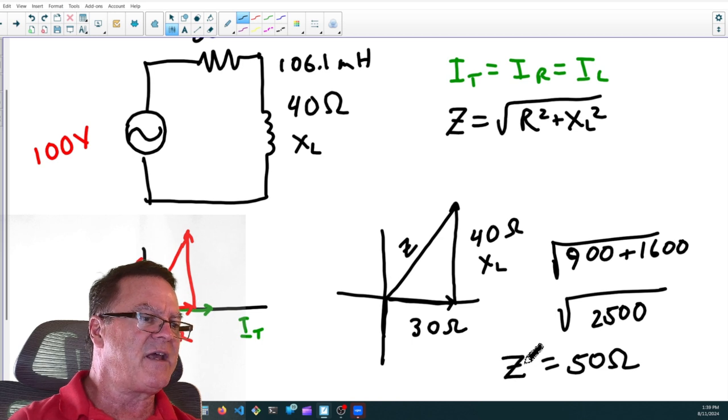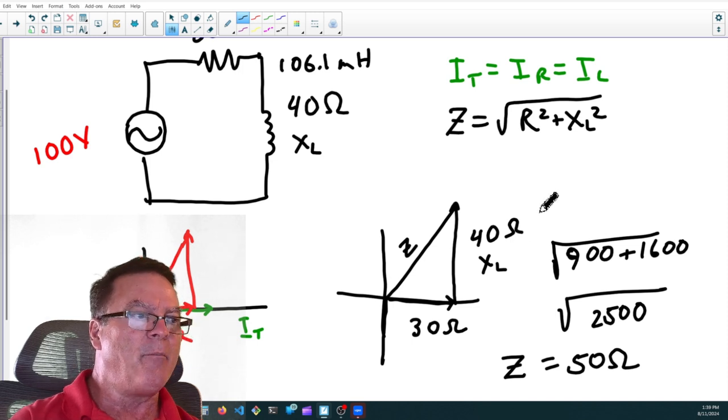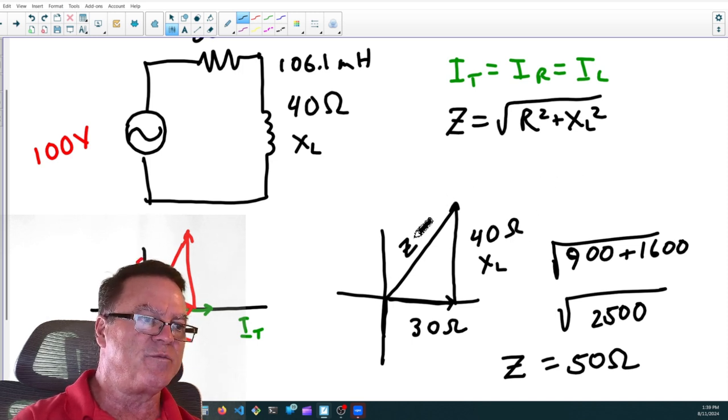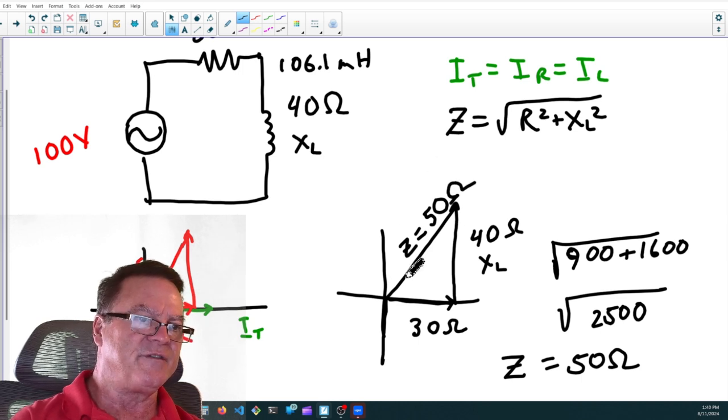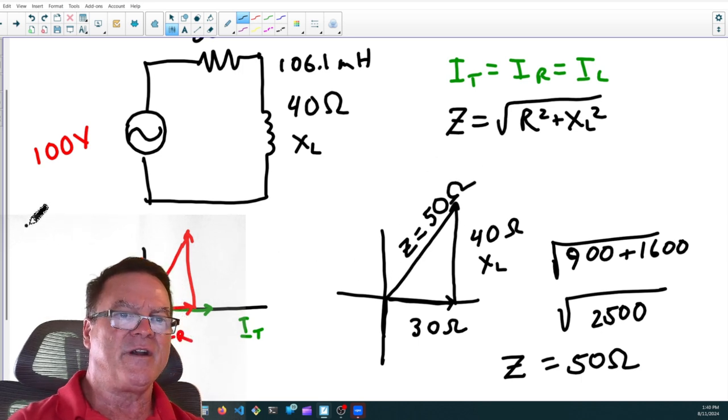And isn't it nice that resistance is measured in ohms and inductive reactance is measured in ohms, capacitive reactance is measured in ohms, and impedance is measured in ohms. So we have 50 ohms total opposition to current flow. I can write that over here. My impedance equals 50 ohms.